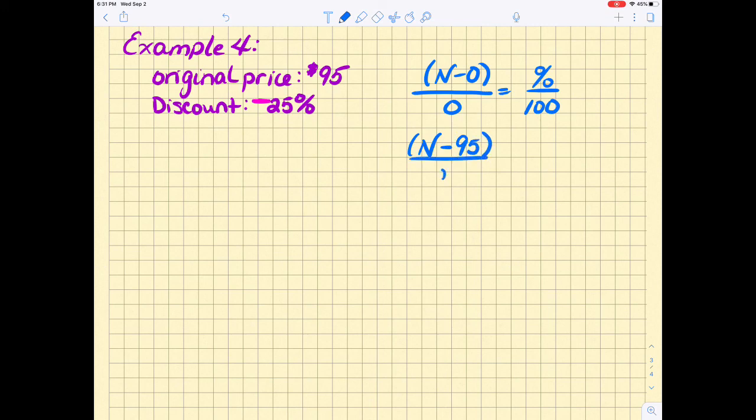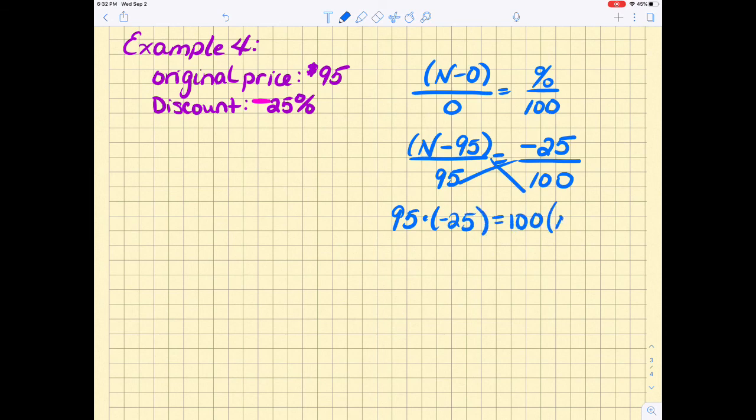We're going to put $95 in the original position. Now this is where you got to be careful. It's negative 25 here. And of course the 100 always stays. We're going to cross multiply. So 95 times negative 25 equals 100 times the quantity, which means put parentheses, N minus 95.